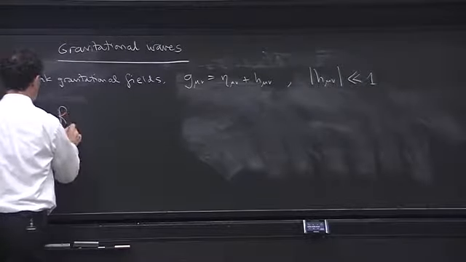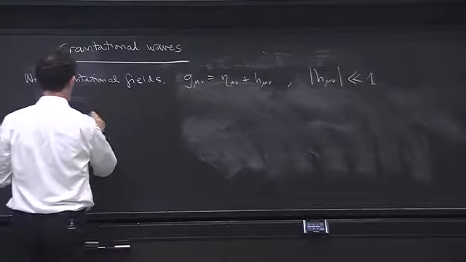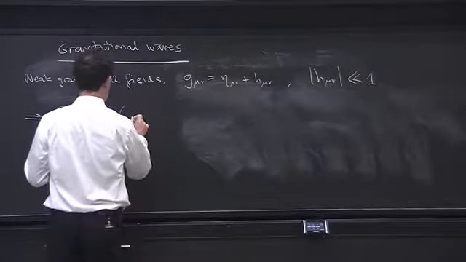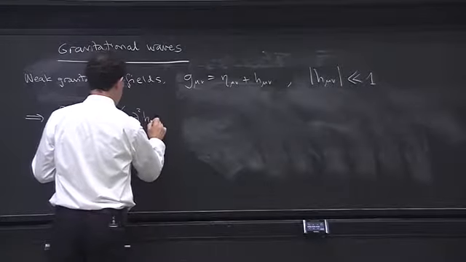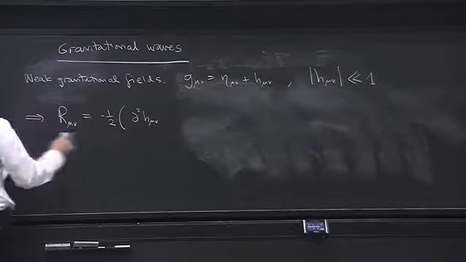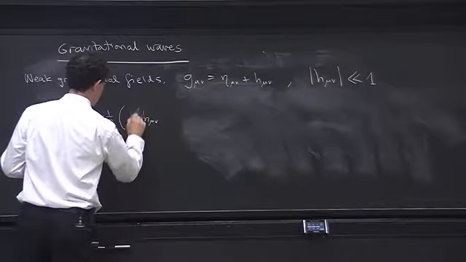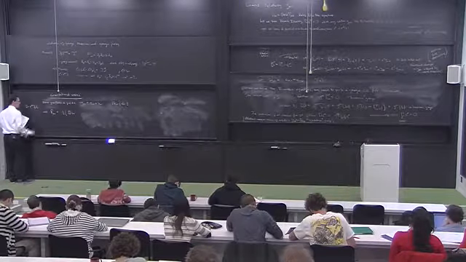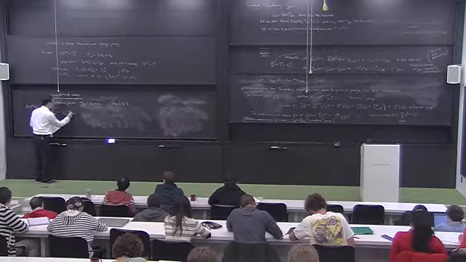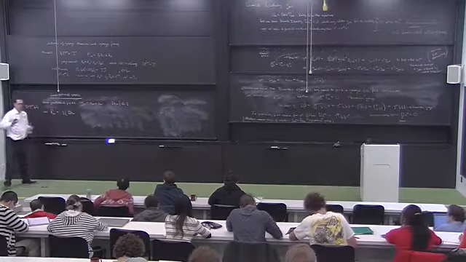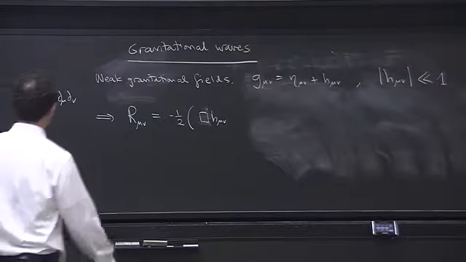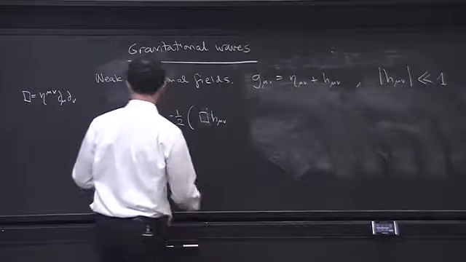Then we can just do the calculation. This is boring, but I've given you all the formulae you need. So this is d squared h_{μν}. I'll call it box, actually. Box I'm going to define as η^{μν} ∂_μ ∂_ν. If we're working to first order in metric perturbations, we can ignore all the h's coming from covariant derivatives, and so this box here is the flat space box.